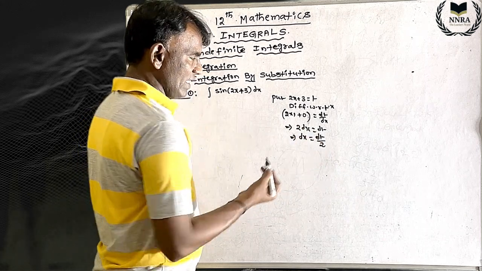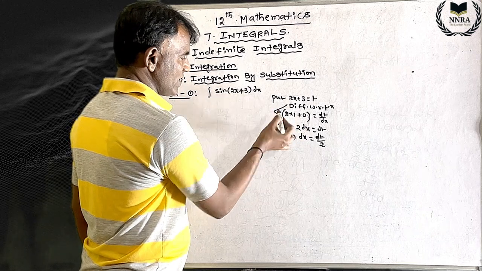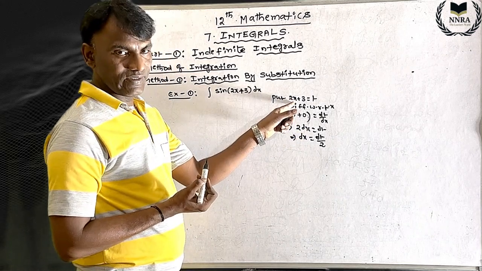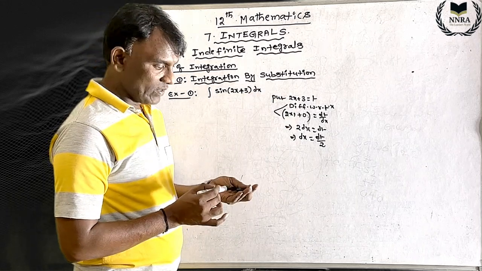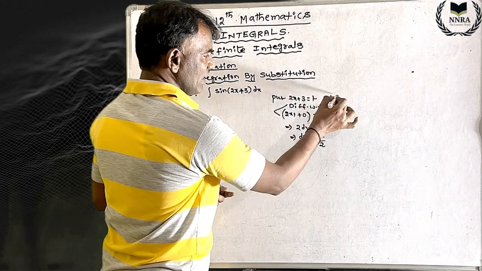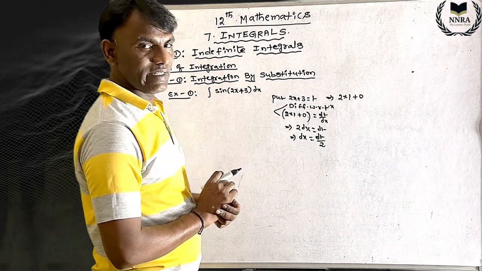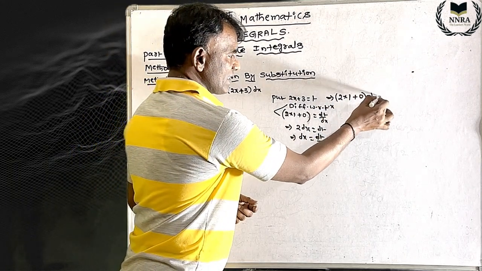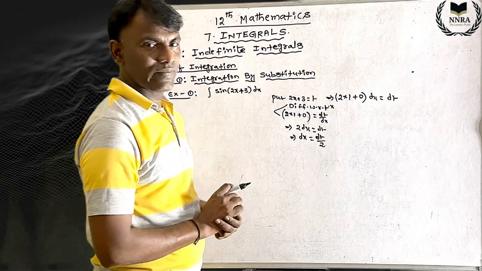But what I am suggesting here is that these two steps are not required. Directly take the given value and differentiate on both sides. Means how to write that? Here, 2 into derivative of x is 1 and derivative of constant is 0, and the variable is x, so write dx, and here the variable is t, that is dt.